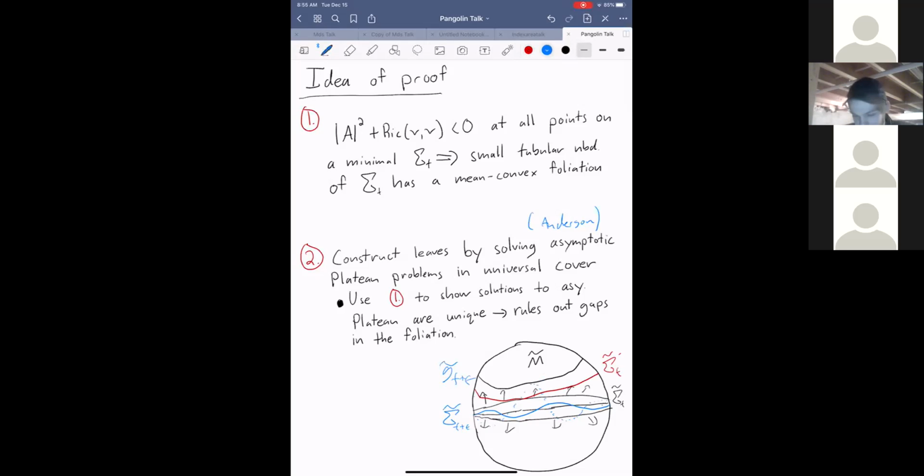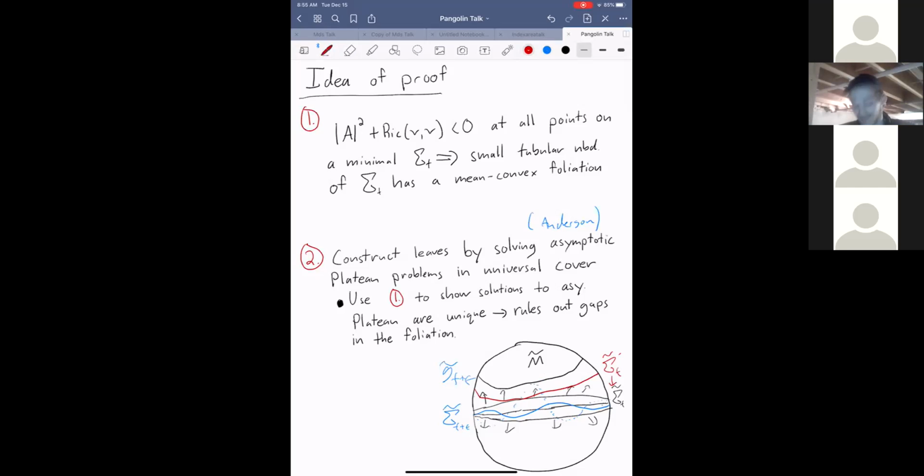And if, as these red surfaces approach sigma sub t tilde, the blue surfaces that you constructed for them, these minimal surfaces in the slightly perturbed metric, are not converging to the sigma sub t tilde, then you get another one. And yeah, that's how uniqueness fails.